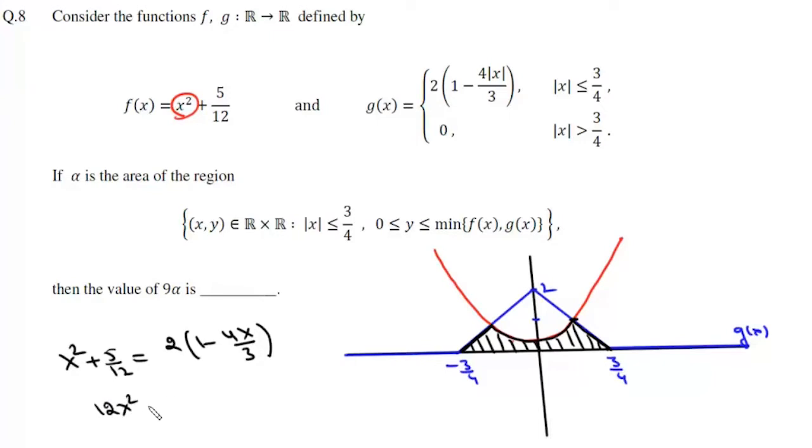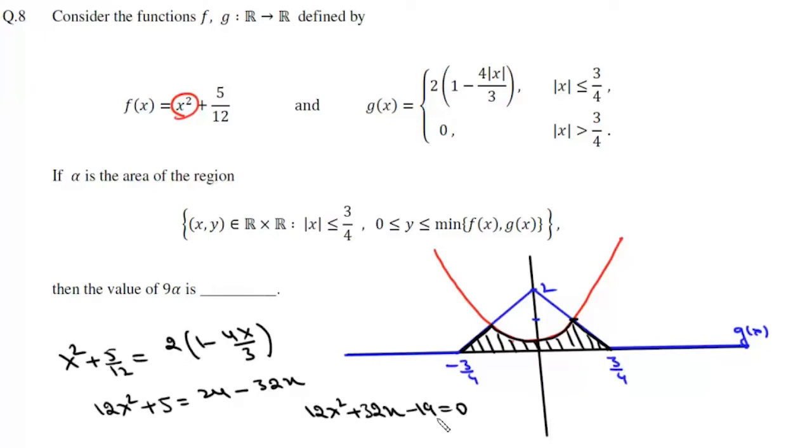Now this is 12x square plus 5, and this is equal to, now this is 6 into 4 is 24 minus 32x. So it will be this 12x square plus 32x minus 19 equals 0.